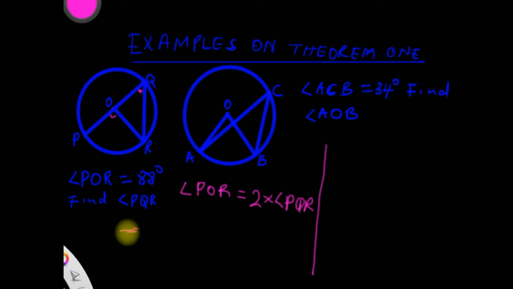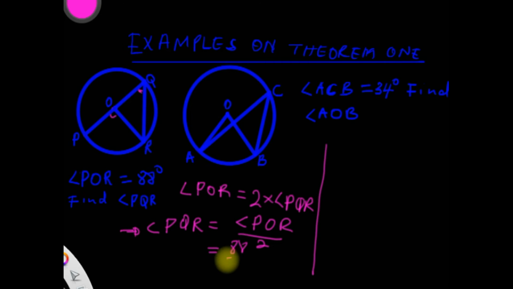So angle PQR is equal to angle POR divided by 2. But angle POR is equal to 88, so you get 88 over 2, which is equal to 44.